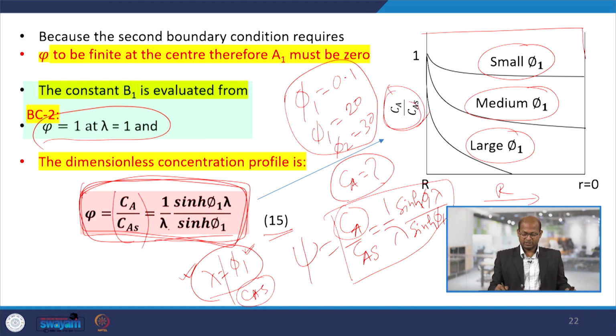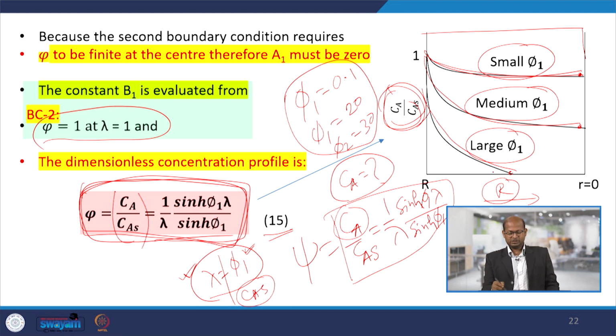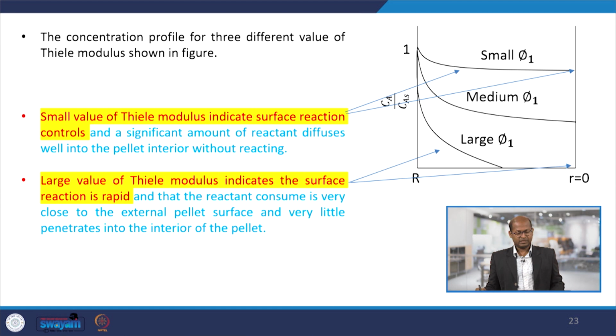From these equations, if we plot the dimensionless concentration against radius, for small phi 1 the pore concentration is very high, when it is medium the concentration is this, and when it is like this the concentration would be very low. This indicates the concentration at different locations.